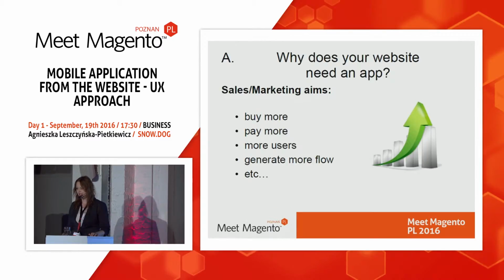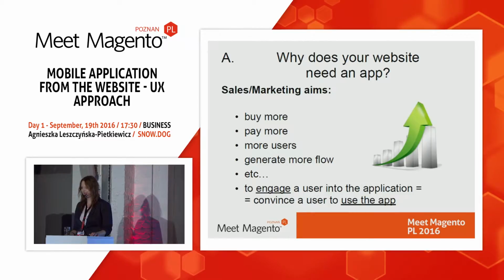Other aims can come from sales or marketing, like buy more or pay more, or you want to have more users, or you want to generate more flow, anything. But first of all, you need to engage a user into the application, and you need to convince a user to use the app. If that doesn't happen, then none of the above will happen either.